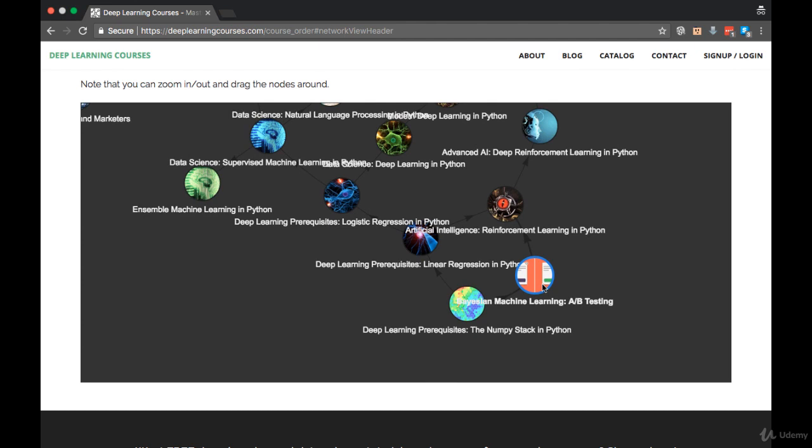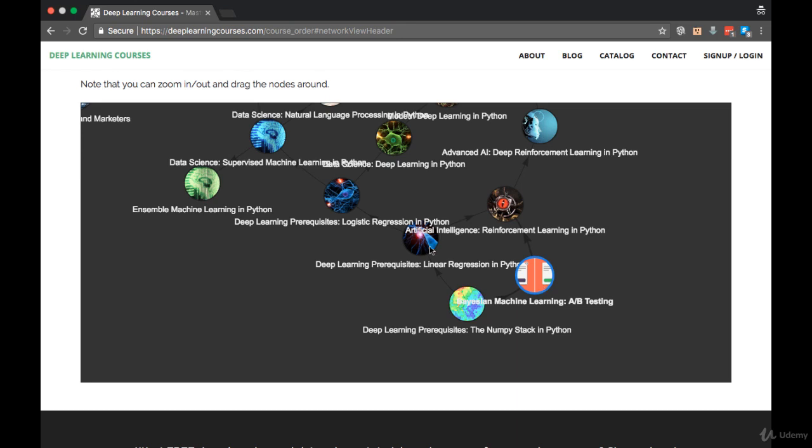So while NumPy goes to both of these courses, I'd actually strongly recommend linear regression as the next step. Bayesian machine learning doesn't depend on any other courses per se, but it's still more advanced. It requires a more advanced understanding of probability and of real-world engineering problems like optimizing the click-through rate of a link on your website. So linear regression would be my #1 recommendation for your foray into machine learning.